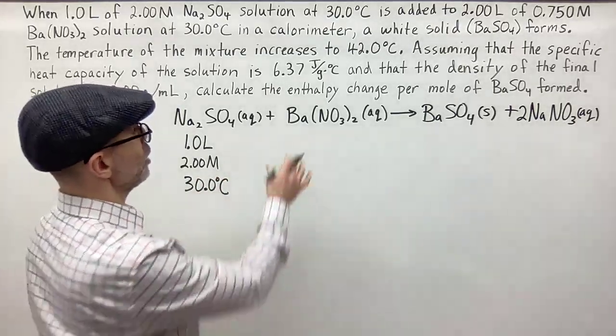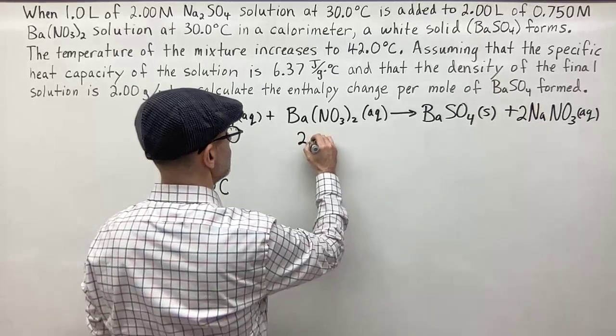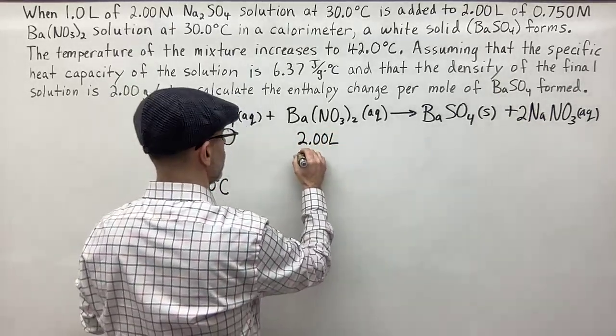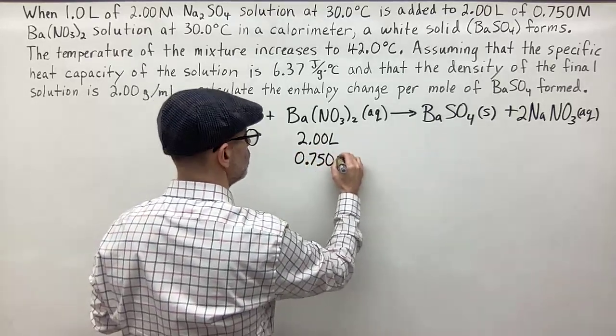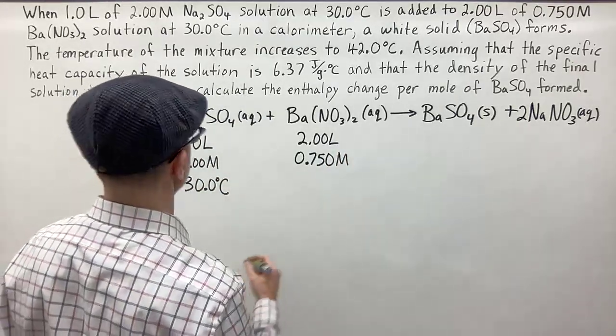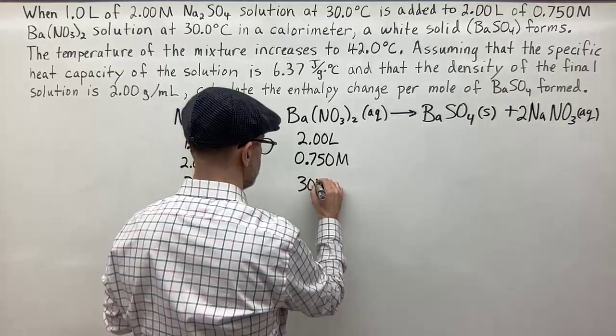And then for the barium nitrate, we have 2.00 liters. The molarity is 0.750 molar, and it's also at 30 degrees Celsius.